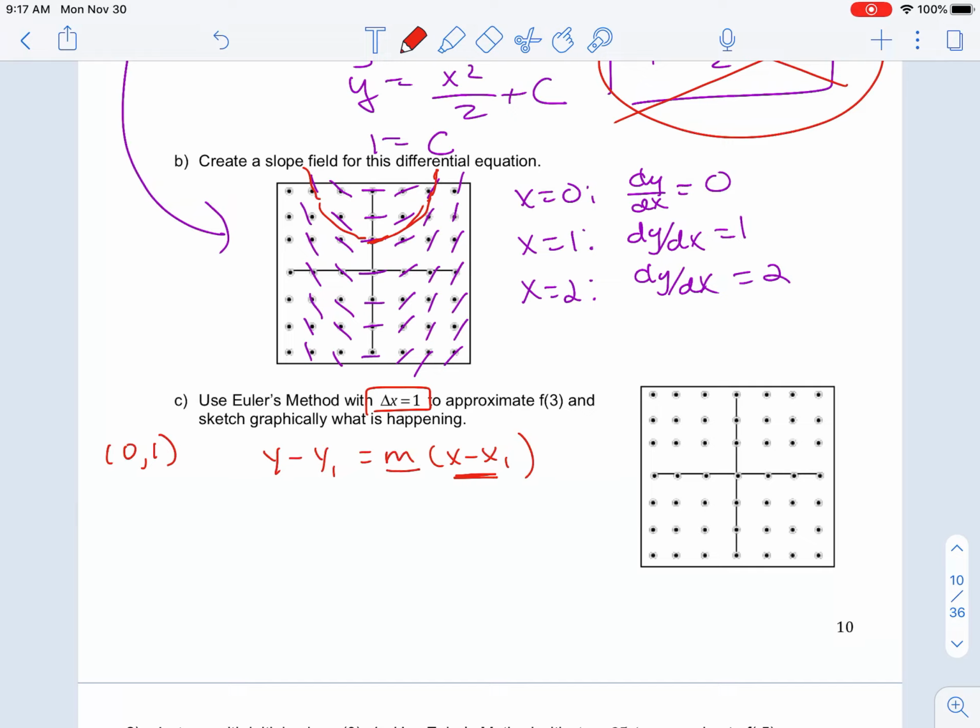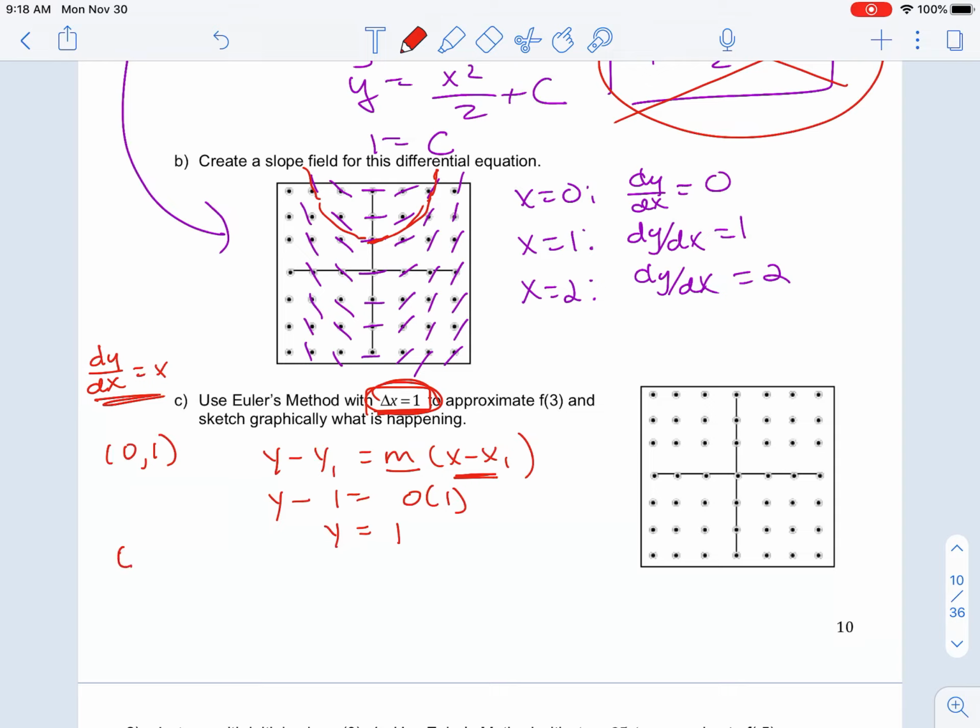Your slope is going to come from your differential equation. dy/dx is really the same as the slope. So at (0, 1), your slope is 0. And then I'm going to plug in my y value. So y minus 1 equals 0 times delta x, which is 1. So notice I end up with y equals 1 if I move that 1 over.